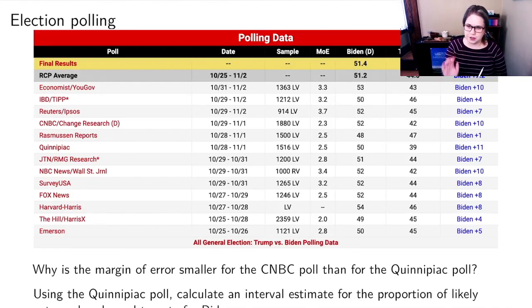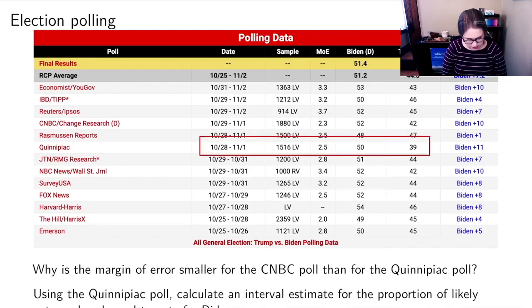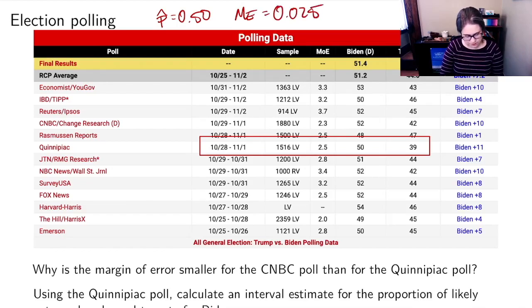So my text looks like it's running off the screen a little bit, but I want to use this Quinnipiac poll and calculate an interval estimate. So I'm just going to draw a box around it so I can see what the numbers are. And it gives me the p hat that I'm interested in, which is 0.50. And it also gives me the margin of error, which is 0.025.